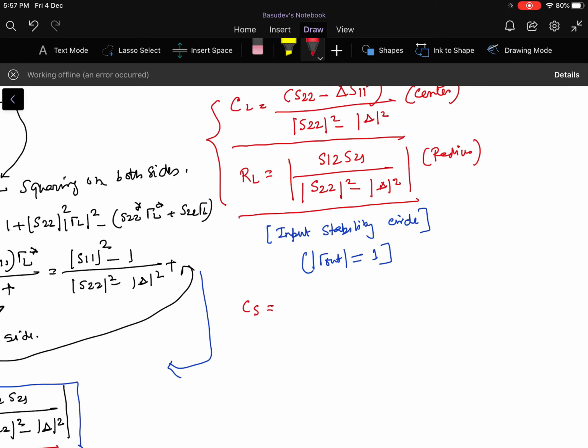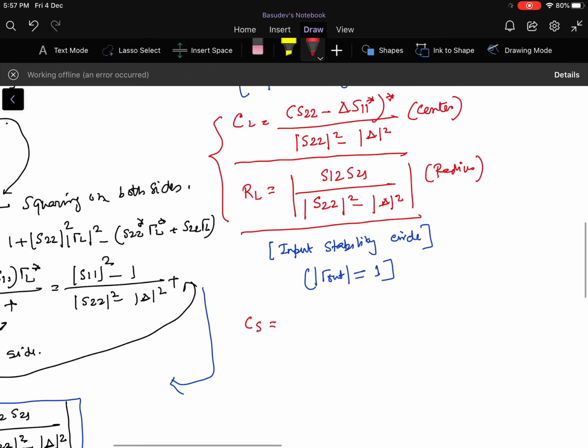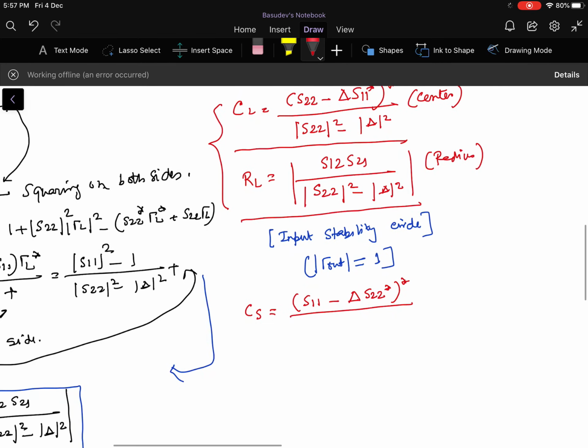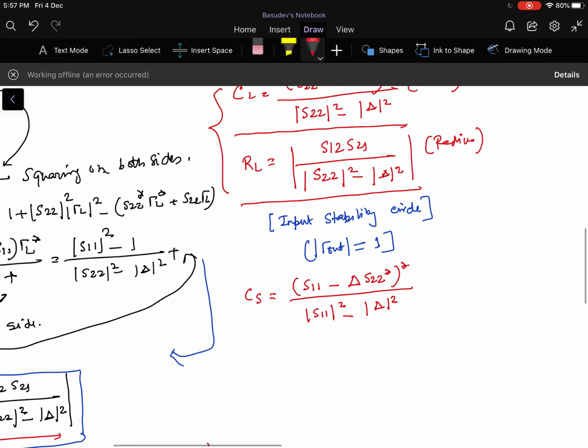So CS will not have S22, it will be S11 minus delta S22 star, just the opposite quantities. Whatever was 2 2 here is replaced by 1 1, and 1 1 by 2 2. In the same way, the denominator is mod of S11 square minus mod of delta square.